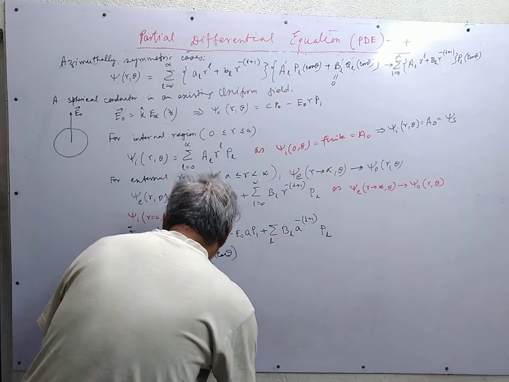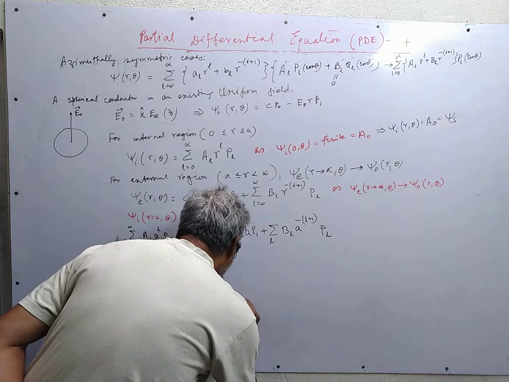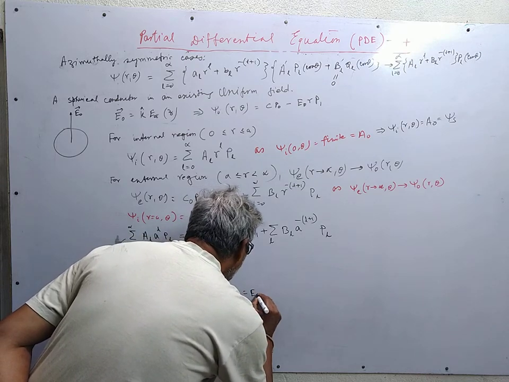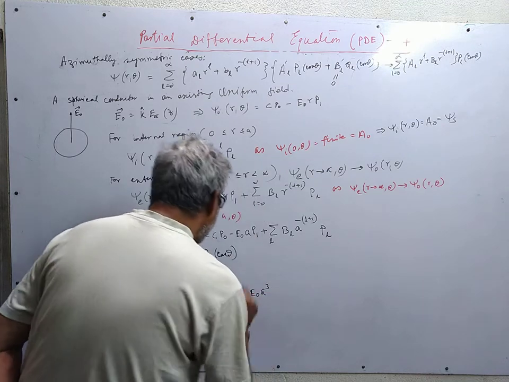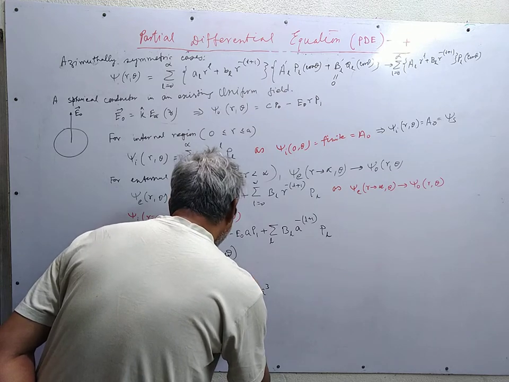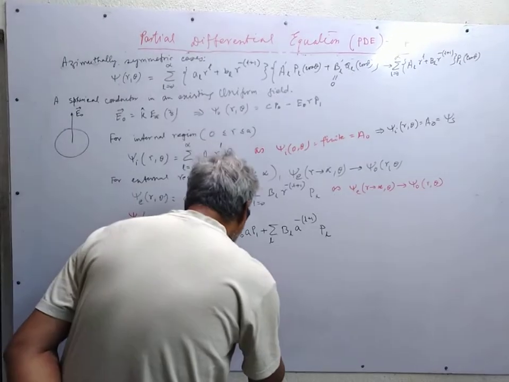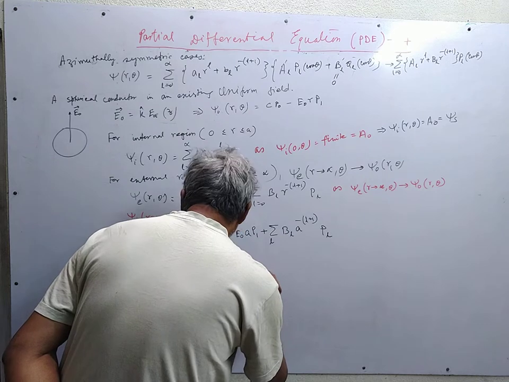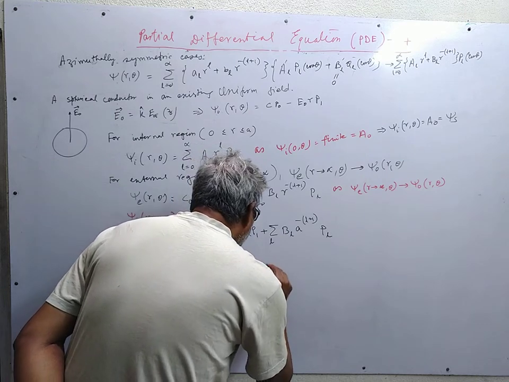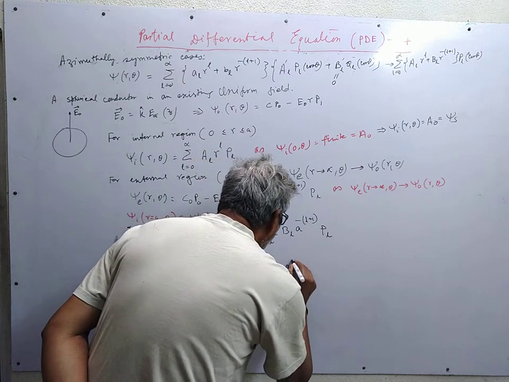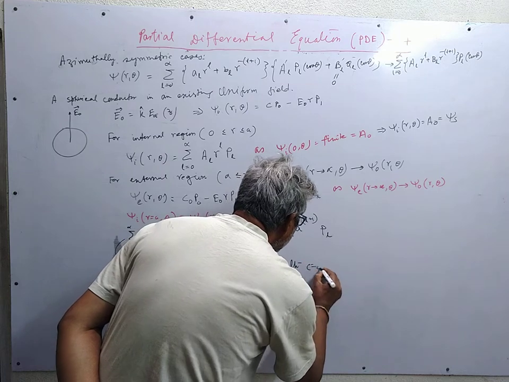This gives us that B1 is equal to E0 upon A cube, and B0 is equal to phi s A, with C equal to 0.